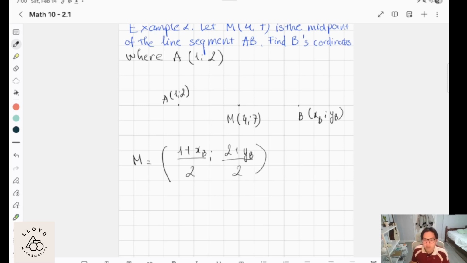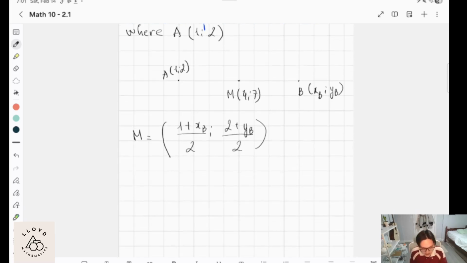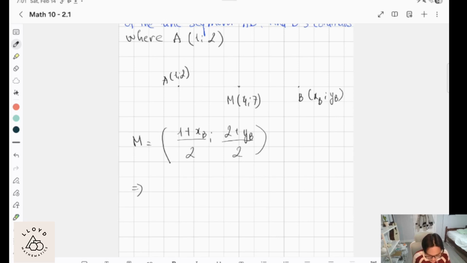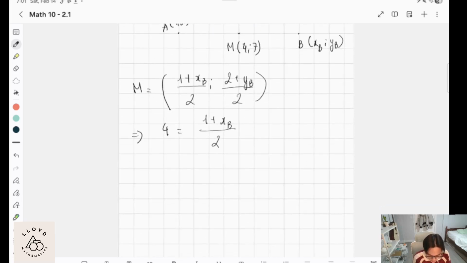And we already know the coordinates of M, right? So therefore, we got this system: 4 equals 1 plus XB divided by 2, and 7 equals 2 plus YB divided by 2, right?